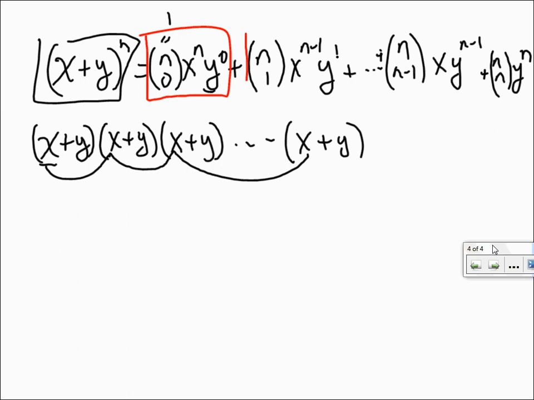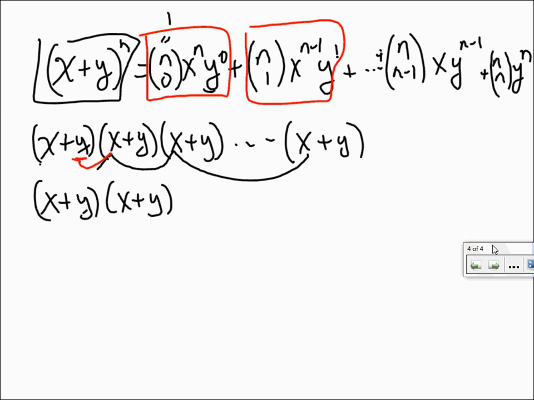Now, what if you want to get just one y? Well, one way of getting one y, which is easy to fix, is to pick one y, and then the rest pick x's. But there's one thing here. There's many ways of picking one y.